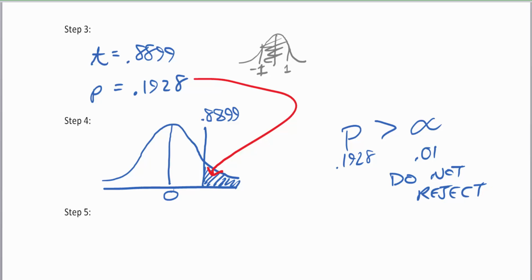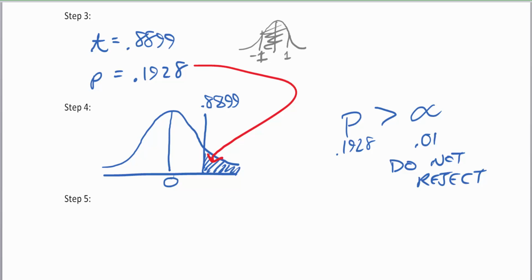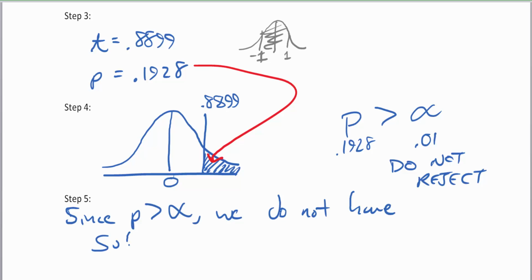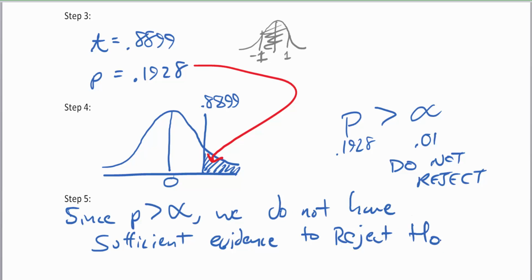So if we scroll on down to step 5, we can now put our inequality in. Since p is greater than alpha, we do not have sufficient evidence to reject the null hypothesis.